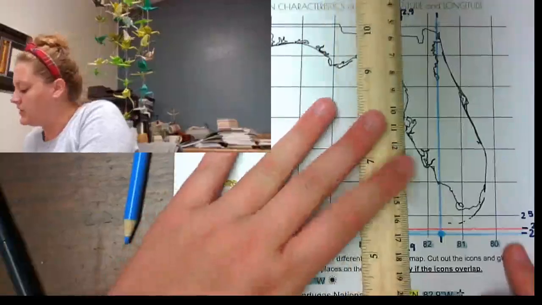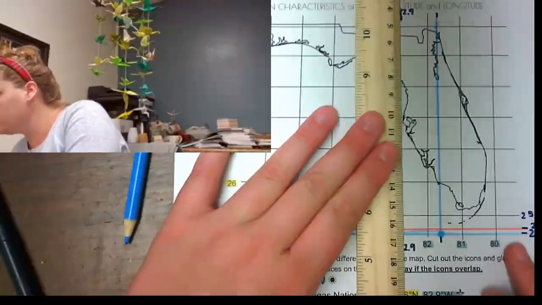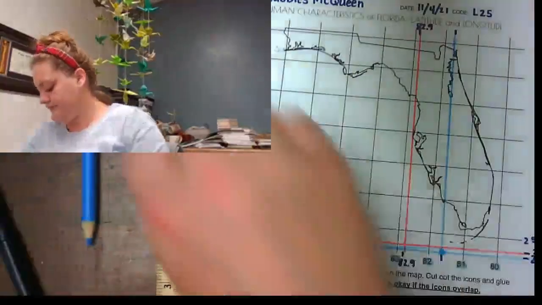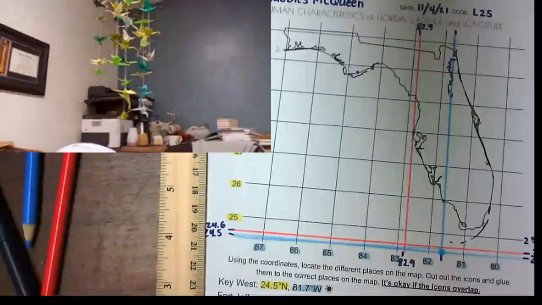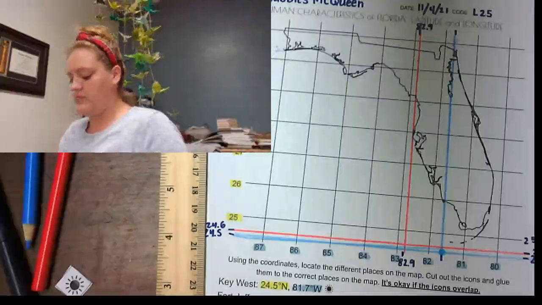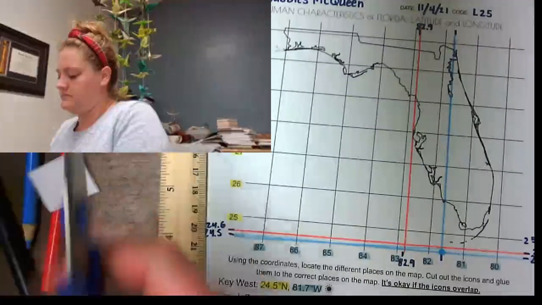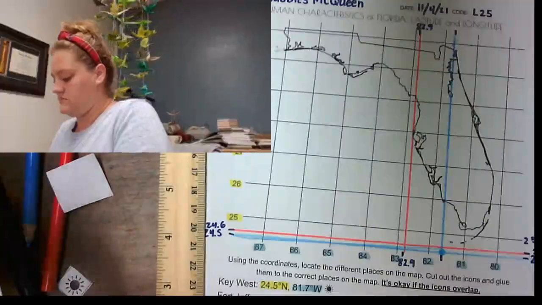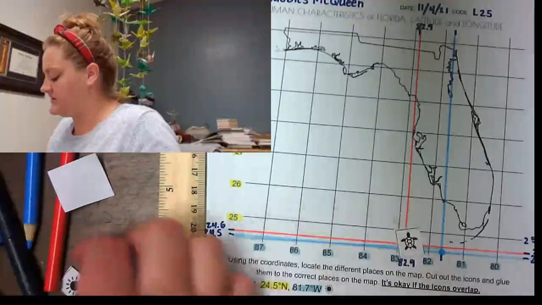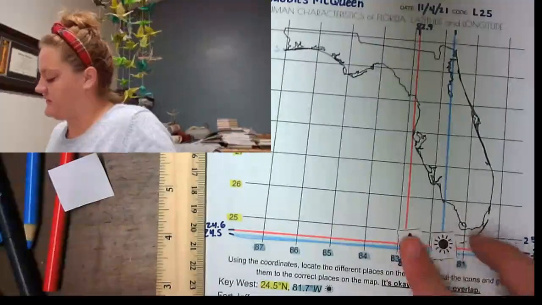And then your longitude line. All right. Then you're going to cut out your little turtle. And glue your turtle where those two lines cross. So you'll have your turtle there and your little sun there so far.